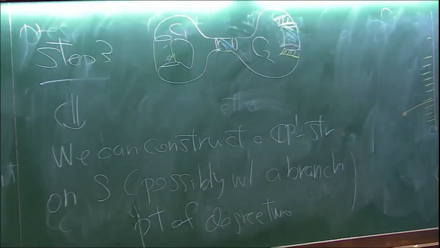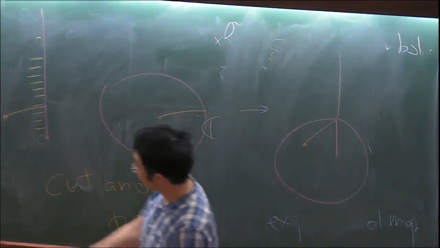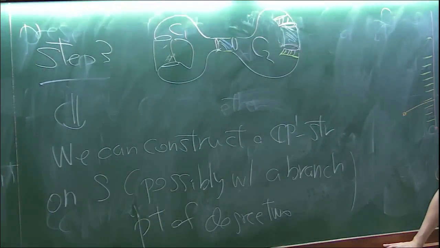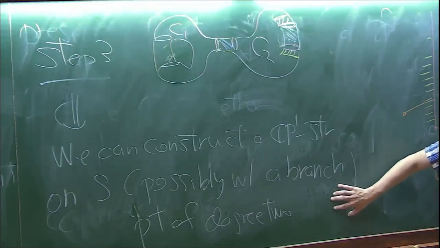Whereas if we start with a homomorphism without the lifting property, in that case you get a CP1 structure on a closed surface, but we need to have a branch point on the surface because holonomy cannot reduce to SL2C. So in that case, the resulting CP1 structure must have a single branch point.